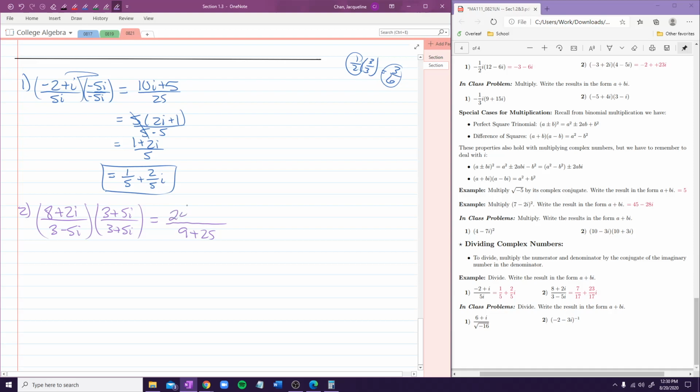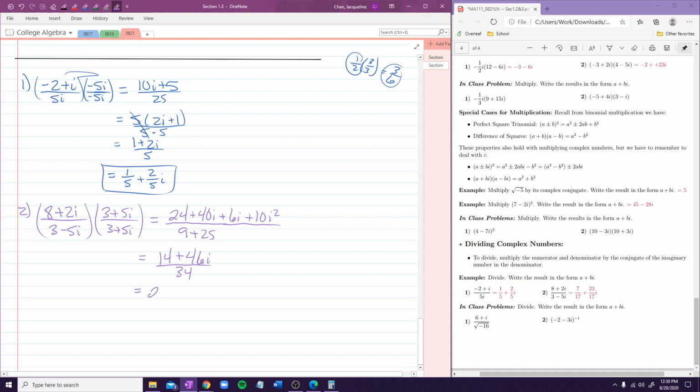So we have 24 plus 40i plus 6i plus 10i squared. So i squared, remember that's negative 1, so this becomes a negative 10. So 24 minus 10 is 14. 40i plus 6i is 46i. And 9 plus 25 is 34.